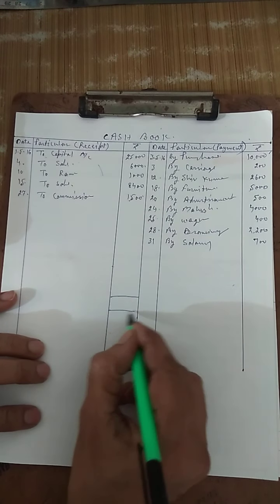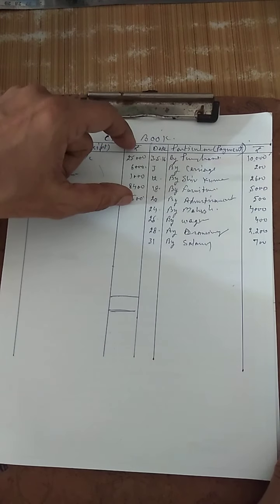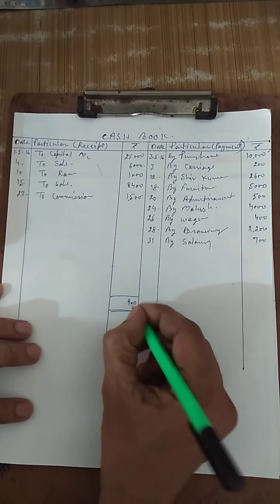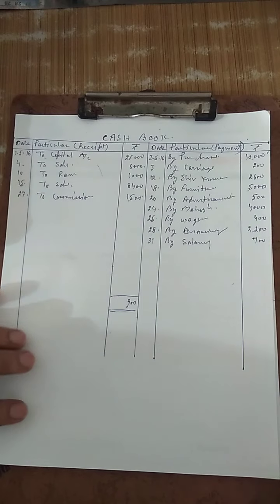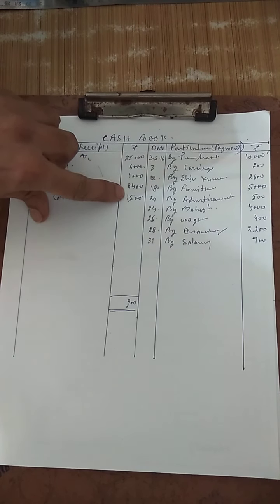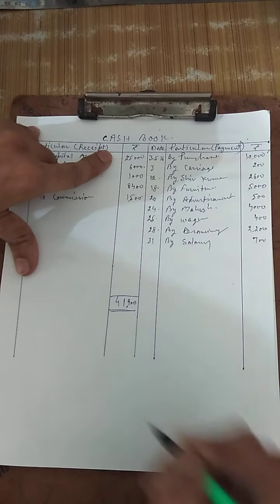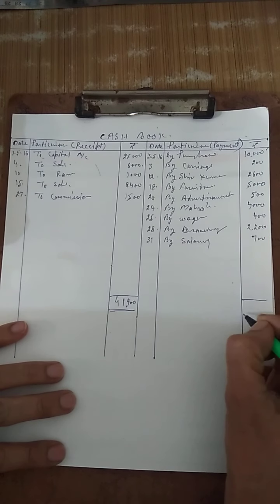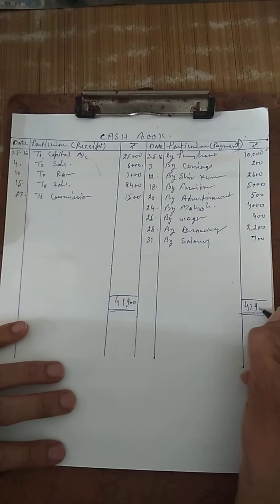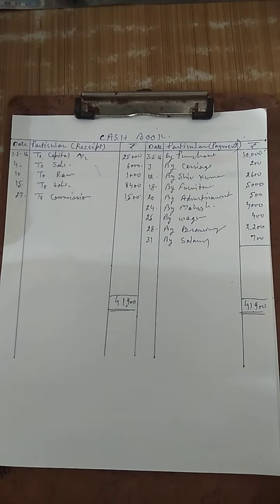After leaving some space, we will total this side: 41,900, and we will write the same total in this side, 41,900.